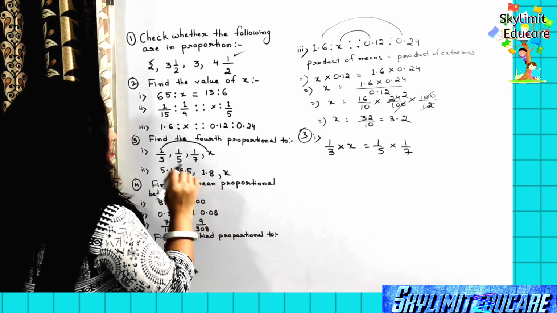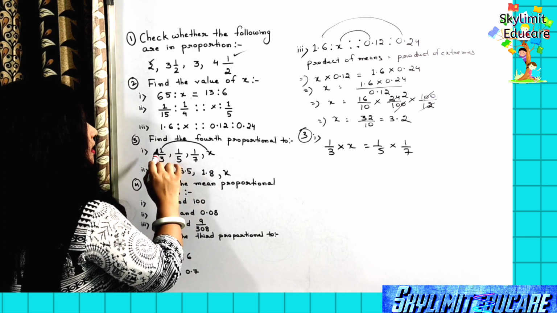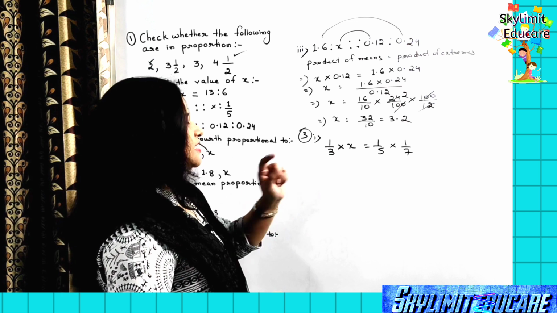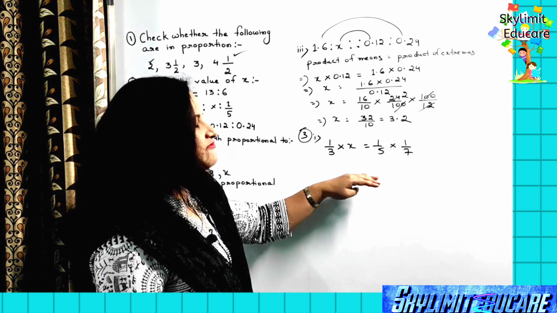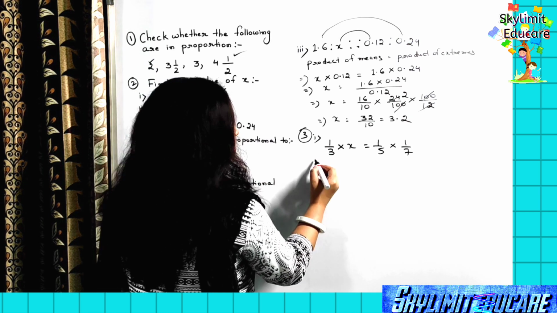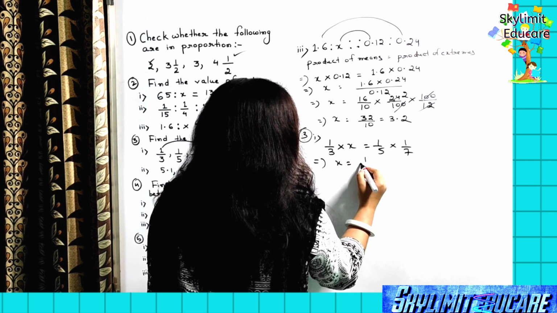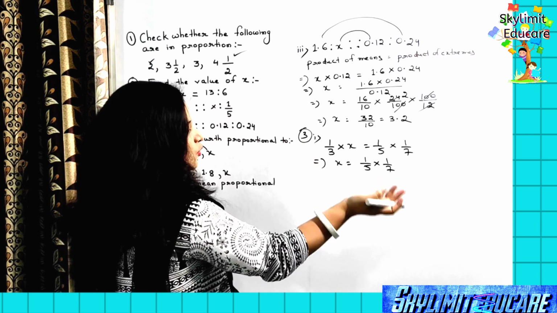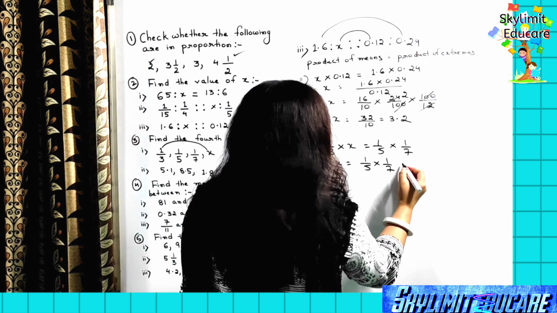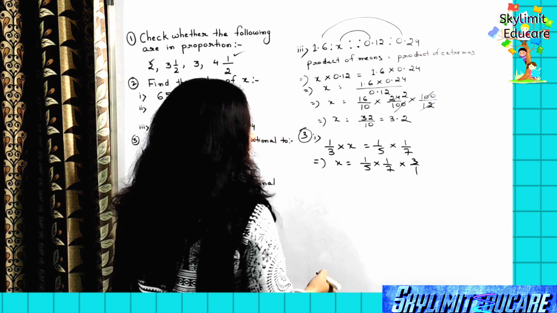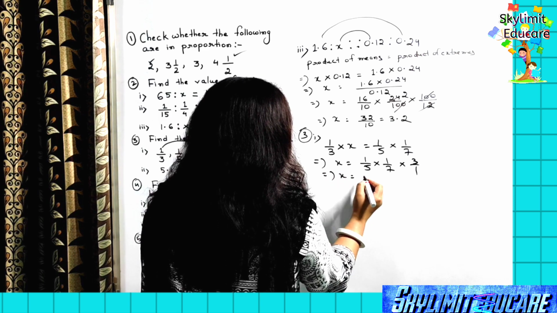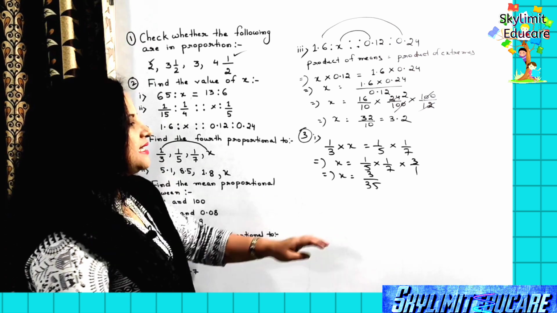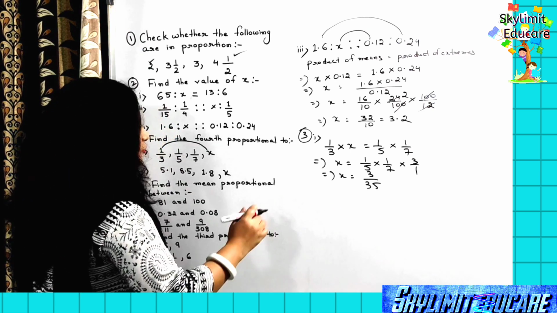Very simply, we know that in a proportion the product of extremes should be equal to product of means. So that implies x is equal to 1 by 5 multiplied to 1 by 7. Obviously 1 by 3, if shifted to the right hand side, becomes 3 by 1, right? So that becomes x is equal to 3 by 35. Nothing cancels out here.